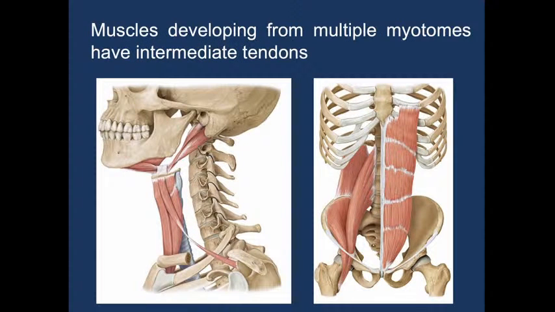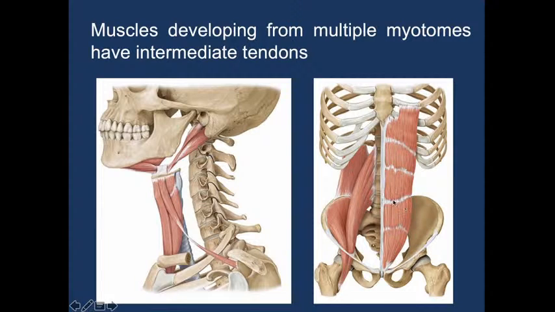Sometimes we could find a couple or three or four more myotomes that make muscles connected with the tendon, like here, one of the famous neck muscles or abdomen muscles.